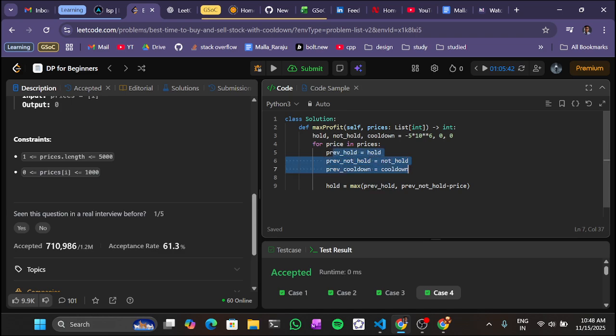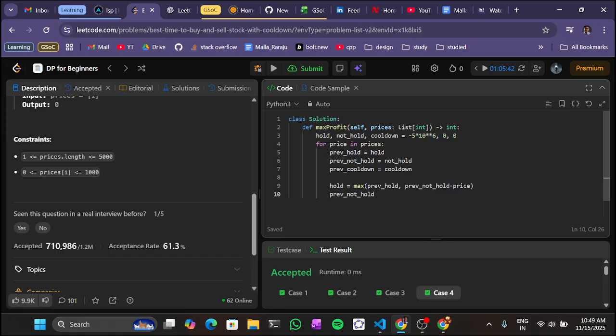One of these three is the amount getting into our pocket. So we are taking out the current price from our pocket.